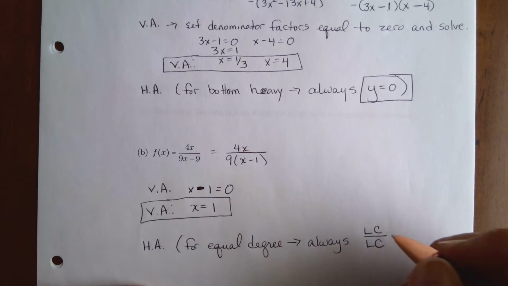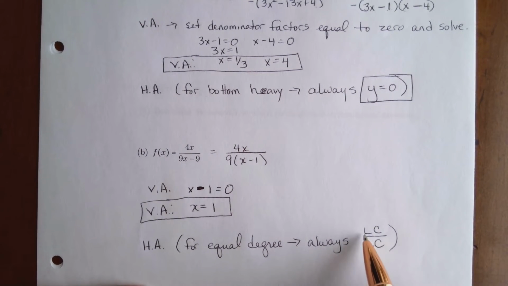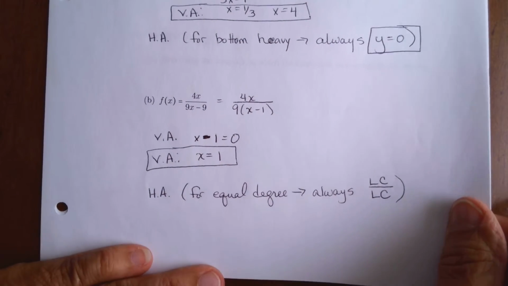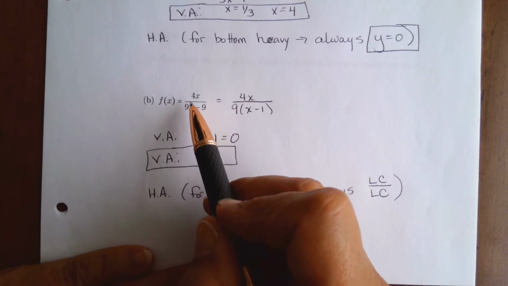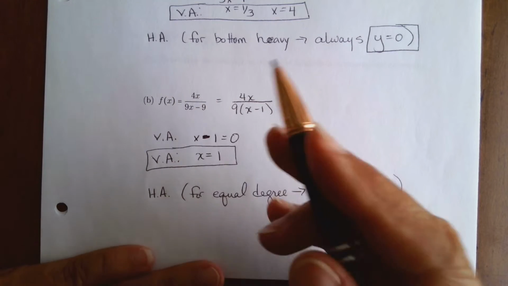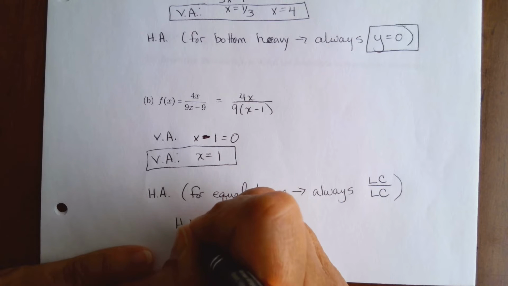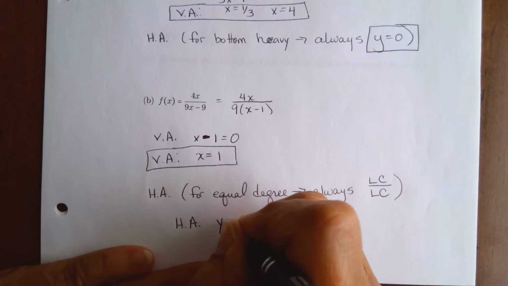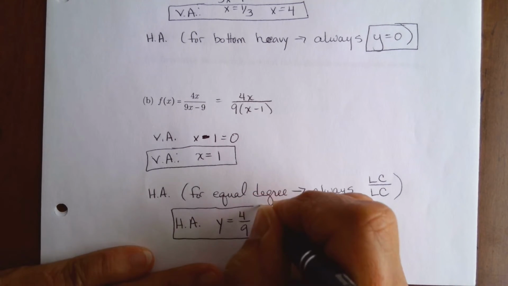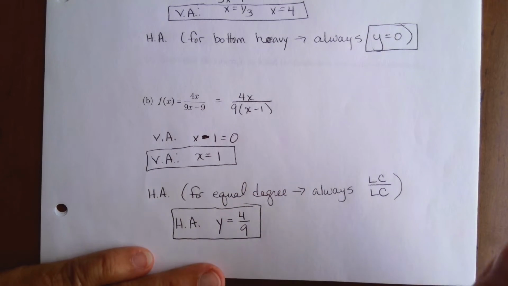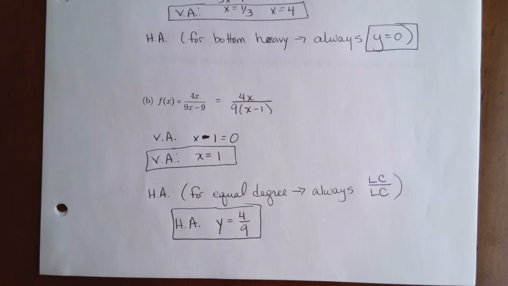You guys got to write that out if you want to. Okay? Leading coefficient divided by leading coefficient. Leading coefficient is the number in front of that highest power. So for this problem, it would be 4 over 9. So your horizontal asymptote is y equals 4/9. Okay? So neither one of part A and B have an oblique asymptote because they had horizontal asymptotes.